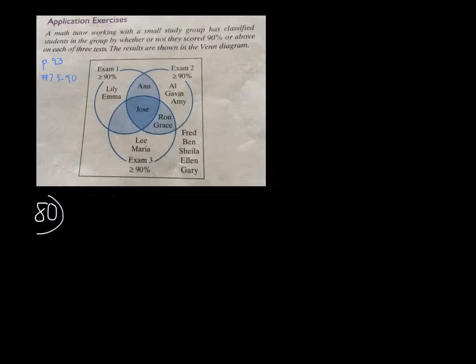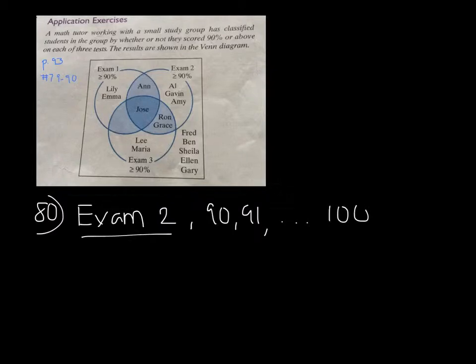Try to get the key points or the main points. We're looking at students who scored 90% or above on exam 2, so they have to score at least 90% or above. That's 90, 91, all the way to 100. So we focus on exam 2.